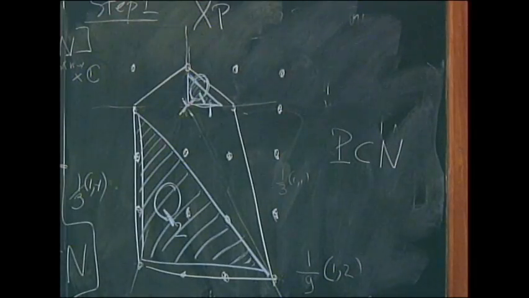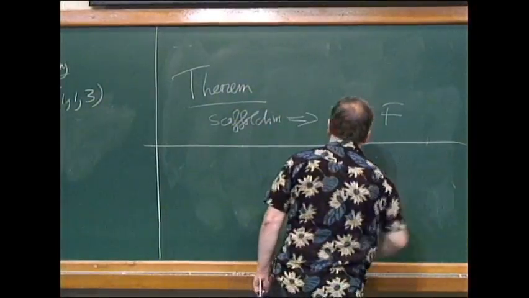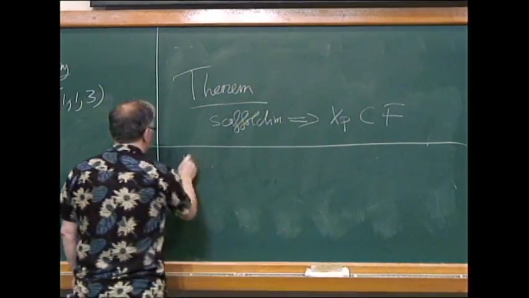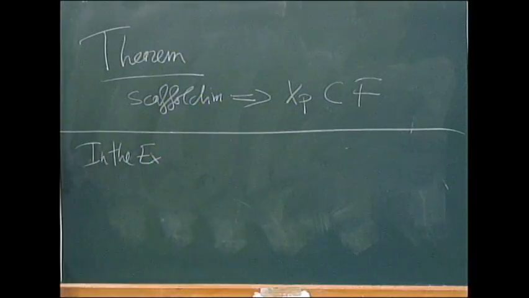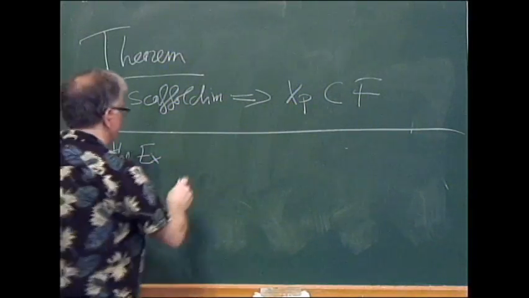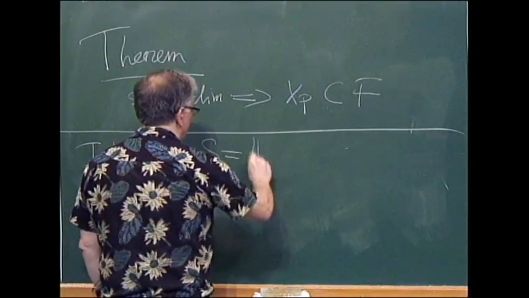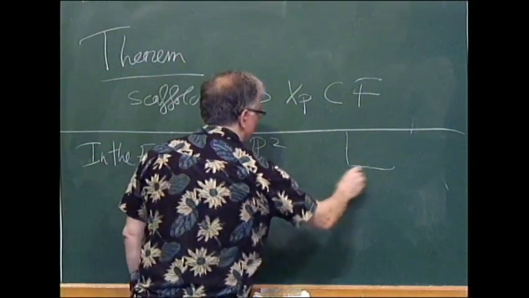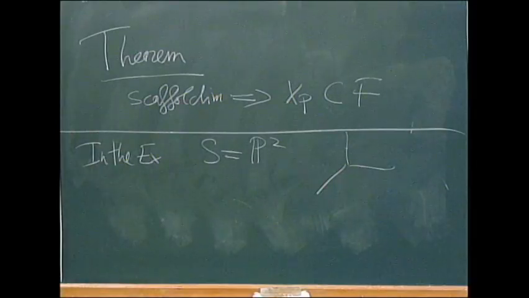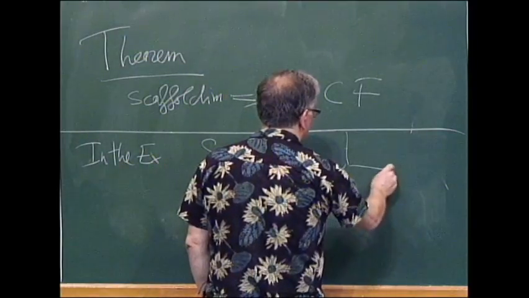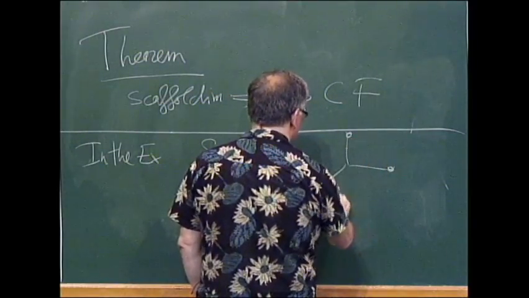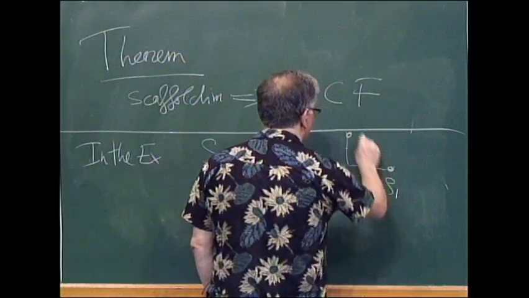So in the example here, I'll tell you how it all works. So S is P2. Nothing would be simpler than that. So that's P2. And this is the ray map. So these are rho naught, rho 1, and rho 2.